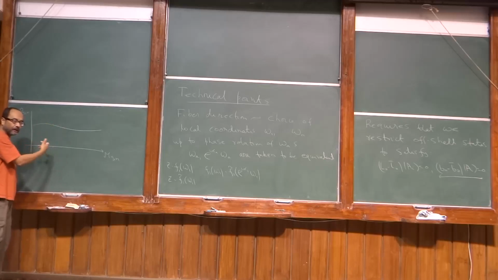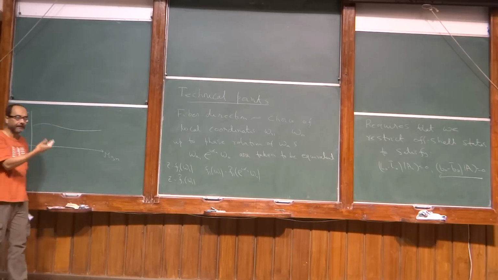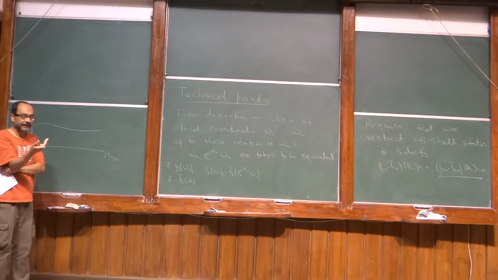If you didn't make this identification, you will somehow spiral and come back at a different point. That's the meaning of absence of a global section: it's impossible to find a section that has all the right periodicities.